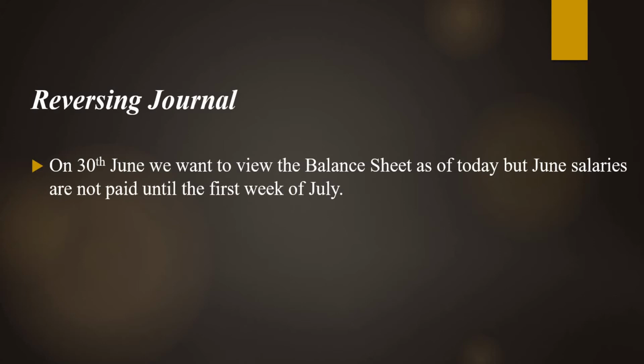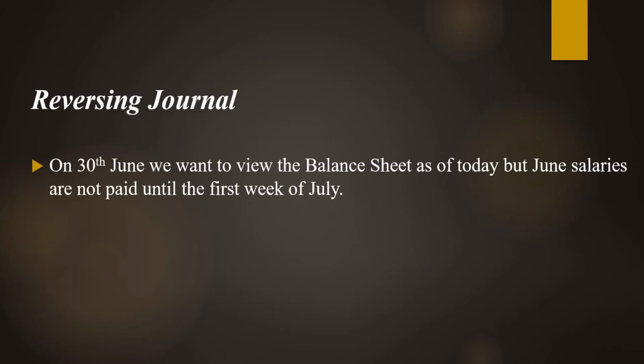To overcome this, we enter this particular transaction in reversing journal voucher dated 30th June. See here what is given. Usually June month salary will be paid in the first week of July.